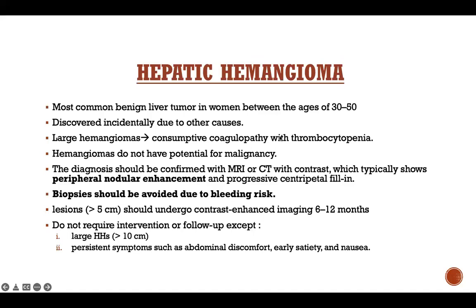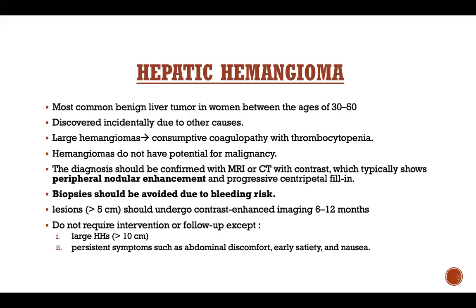The other type of benign tumor is hepatic hemangioma, which is the most common benign liver tumor, in women between 30 and 50, always discovered incidentally. A large hemangioma acts like the spleen, where it consumes the platelets and causes thrombocytopenia.